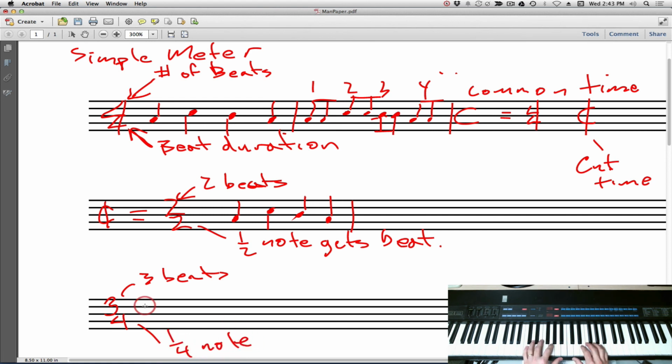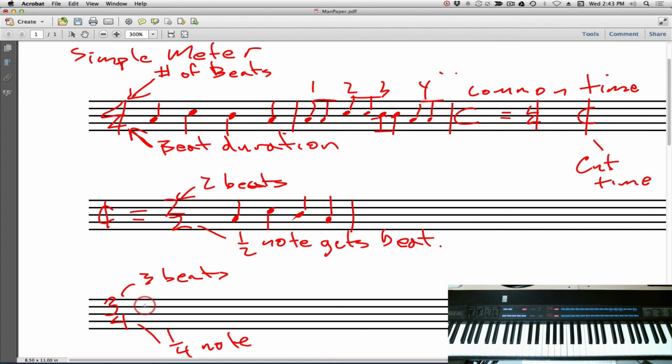A piece like that would be like a waltz or something like that. 1, 2, 3, 1, 2, 3. 1, 2, 3, 1, 2, 3, 1, 2. 1, 2, 3, 1, 2, 3, 1, 2, 3, 1, 2.